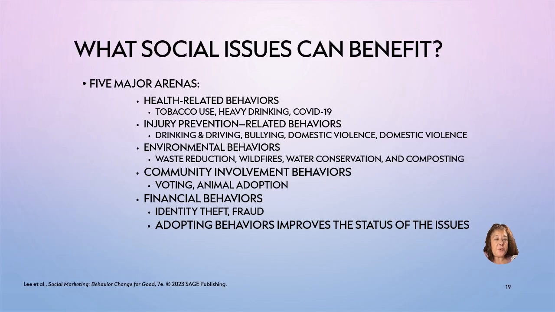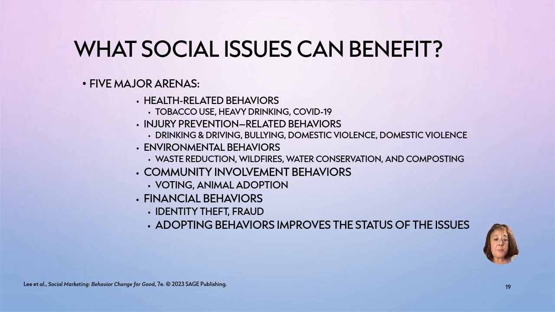Many issues can benefit. There are five major arenas. One is health-related behaviors like binge drinking, heavy drinking, obesity, teen pregnancy, sexually transmitted diseases, and eating disorders. There are injury prevention-related behaviors: drinking and driving, texting or emailing while driving, bullying and suicide, or domestic and sexual violence.